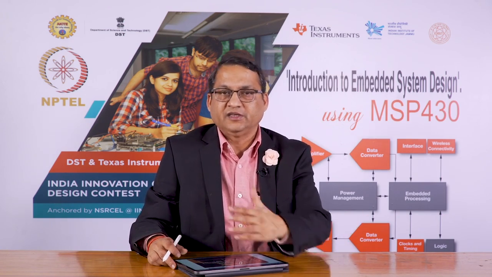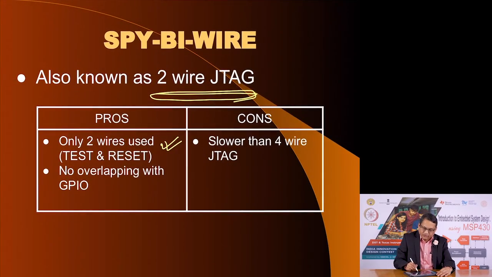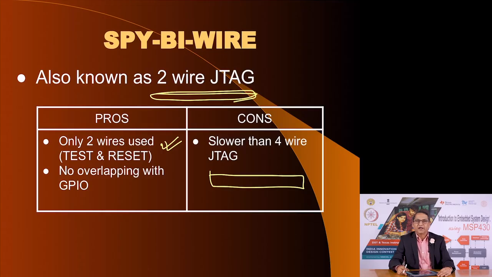The only disadvantage is because internally these 2 wires are as if being received by a shift register, which receives the clock and data on these 2 wires and makes a full 4-wire protocol. So, it will be slightly slower than the JTAG interface, but that is a small price to pay for the advantages that you get using this approach, namely just 2 wires and no GPIO pins sacrificed.